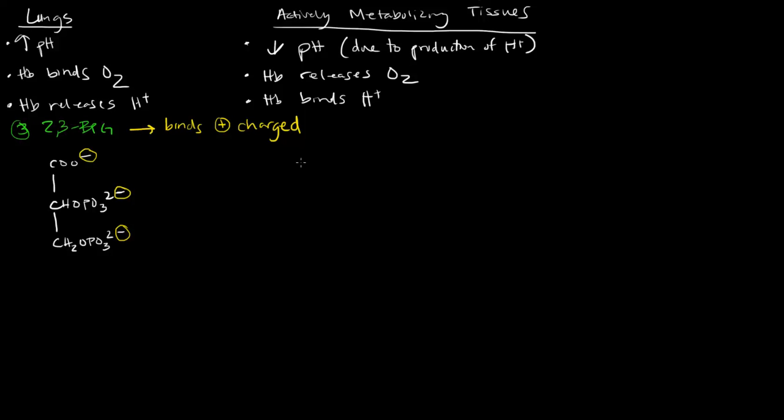So what ends up happening is that 2,3-BPG can bind the positively charged histidine, or even lysines, which are other basic amino acids in the hemoglobin. Because these negative charges are attracted to these positive charges, because opposite charges attract, right?